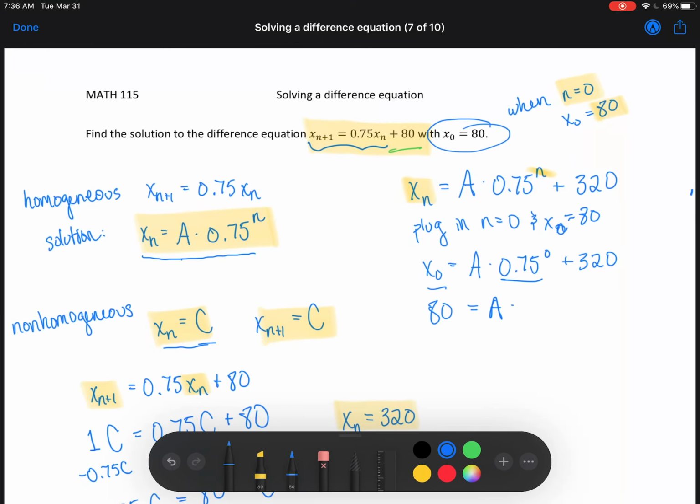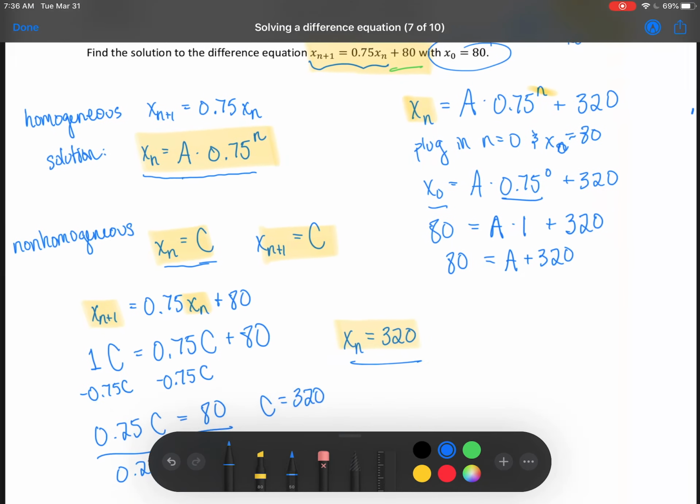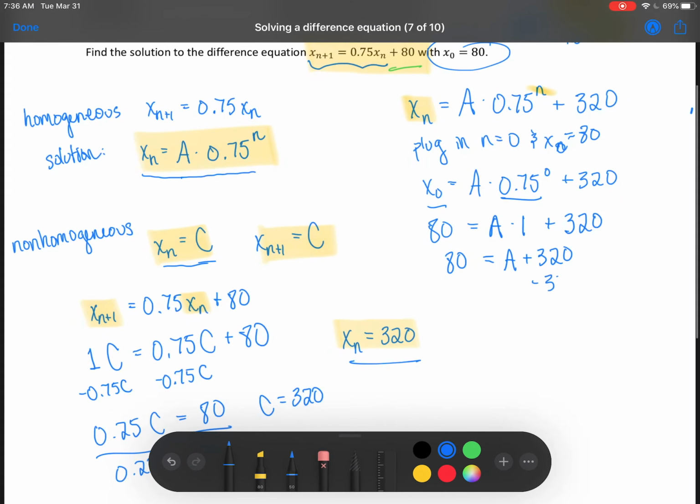You can grab your calculator if you want. 0.75 to the power 0 is going to be equal to 1. And of course, A times 1 is just A. So we have A plus 320 on the right-hand side is equal to 80 on the left-hand side. To get A by itself, we subtract 320 from each side. And then we get A is equal to 80 minus 320, which should be negative 240. All right. So there's the value of A.